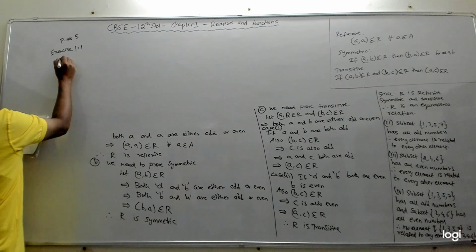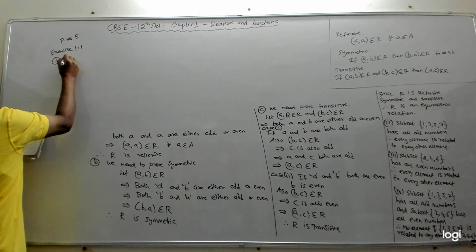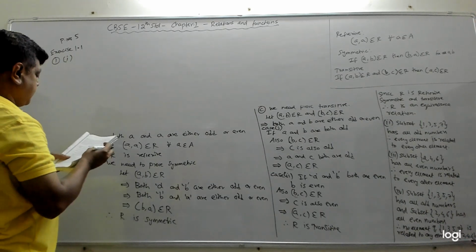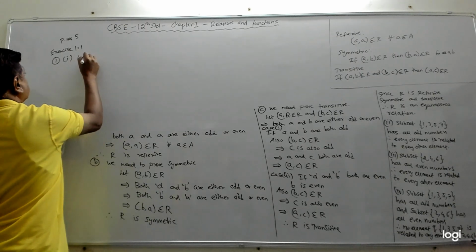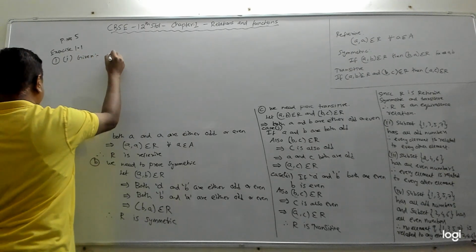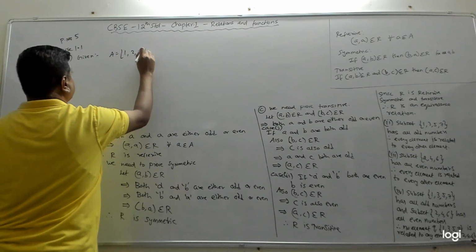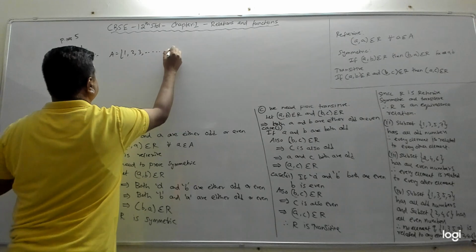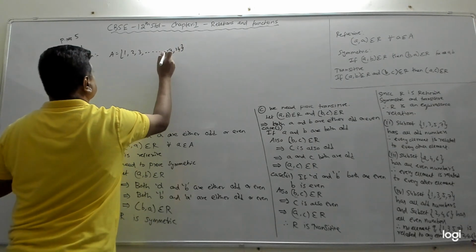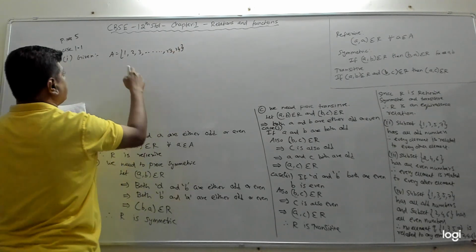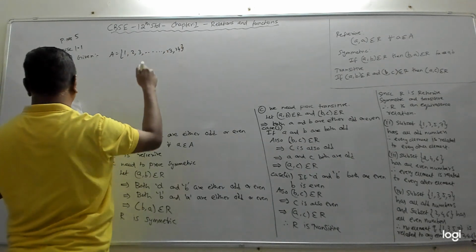So first it has many subdivisions. First problem, first subdivision. There is a set A given. A is 1, 2, 3, up to 13 and 14, right? 1, 2, 3, 4, 5, 6 till 14.